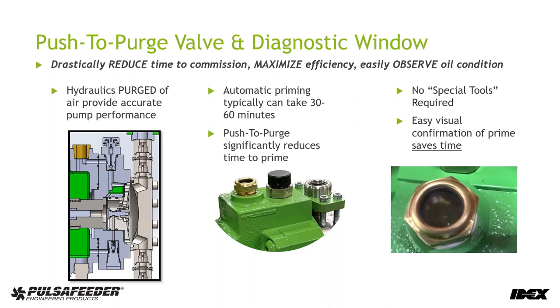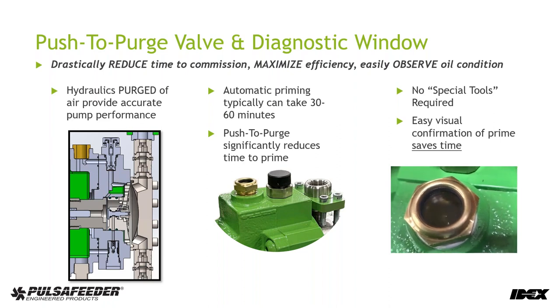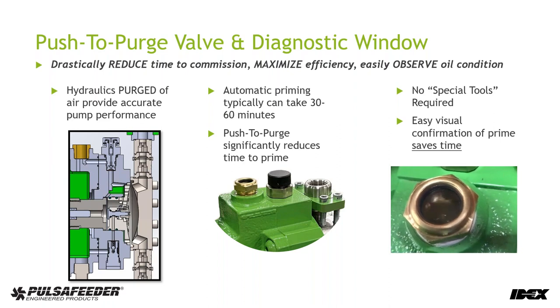Another unique feature with the push to purge button is the diagnostic window that's adjacent to it. What this does is it gives the operator immediate insight into the condition of the hydraulics inside the pump. This pulsating that you see right there should be what you would witness in a normally operating pump that's fully primed.